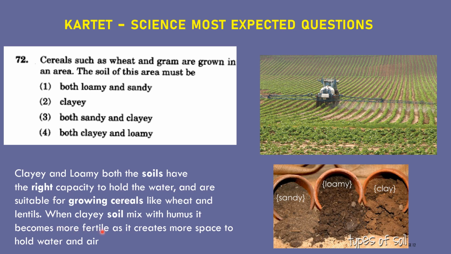When clay soil is mixed with humus, the fertility of the soil increases. It will create more space for water and air. Therefore, for this beautiful feature of soil, we will use both clay and loamy to grow cereals. Therefore, the correct answer for this question is option 4.